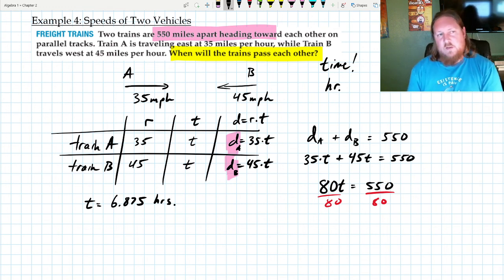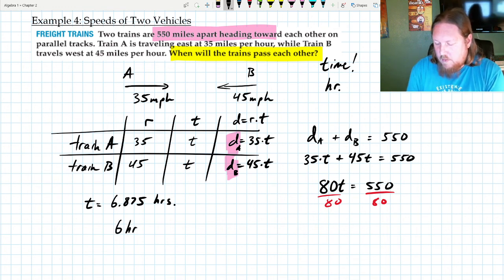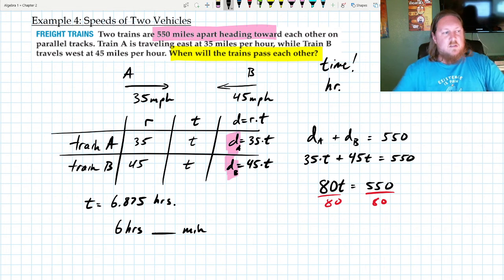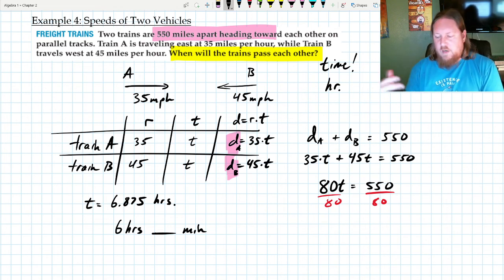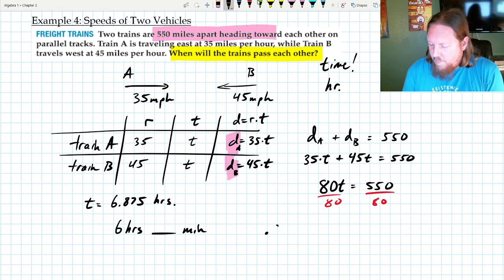Here, let's convert it so that we have minutes as well, because it's going to be 6 hours. I just don't know how many minutes it's going to be. Well, the nice thing is, because it's set up in the decimal form here, I know that 0.875 is our fraction of an hour, but it's just written in hours right now. So I'm going to have 0.875 hours.